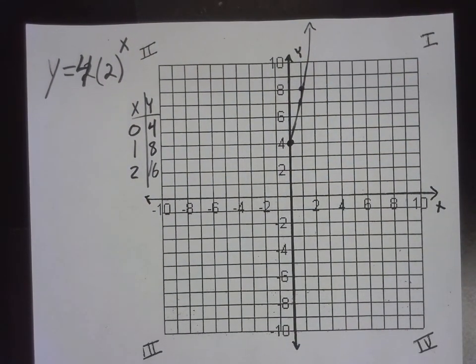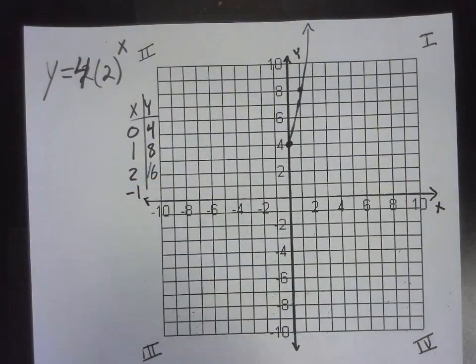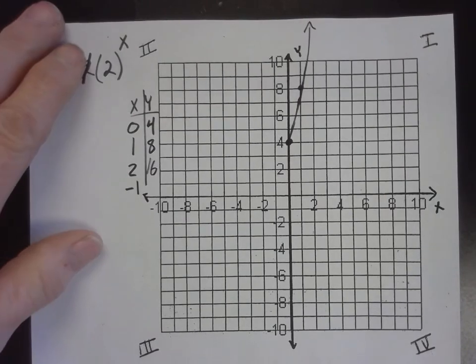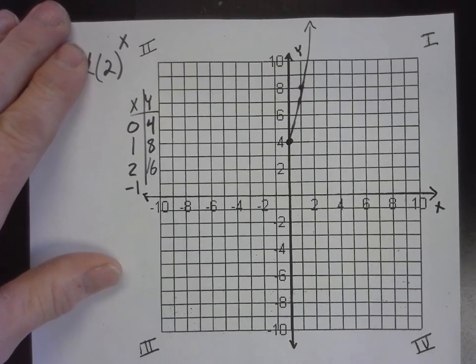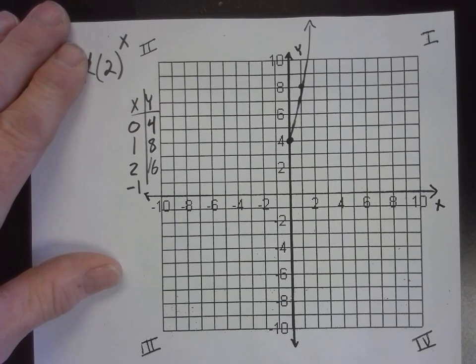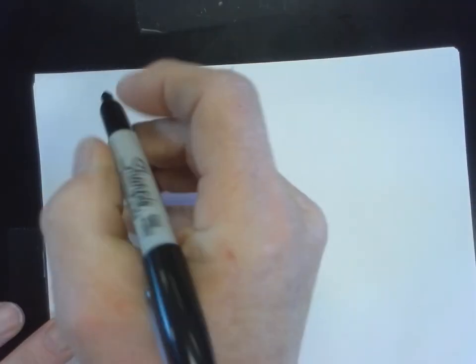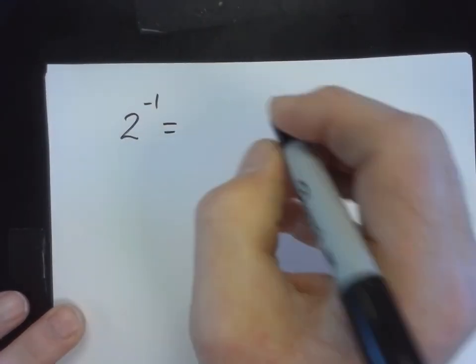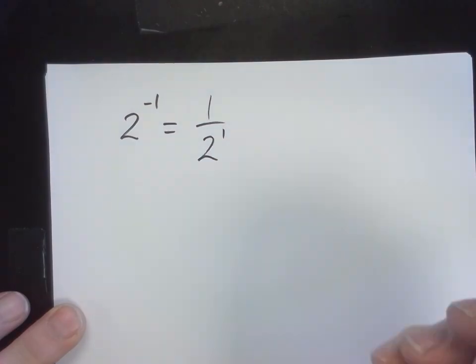All right, let's put in a different number. Let's go the other direction. -1. Now, 2 to the -1. Isn't it positive? Yeah, I hear some of you saying it. So 2 to the -1 is 1 over 2 to the +1, isn't it?